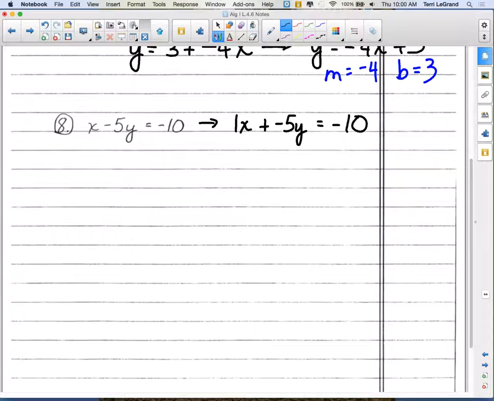Others, maybe you can do it without. But we're going to do a lot of this, and you got to get good at it. You got to get really good at it. What needs to be alone? The y. The y's have to be alone, and not only can it just stop when the y's alone, it has to become a 1y, doesn't it?